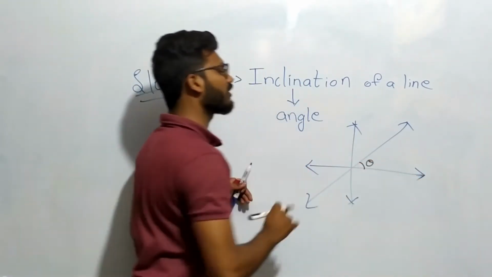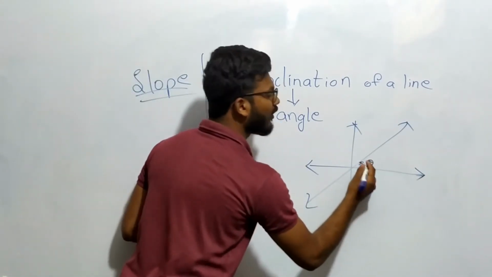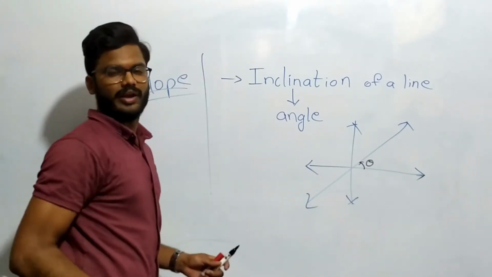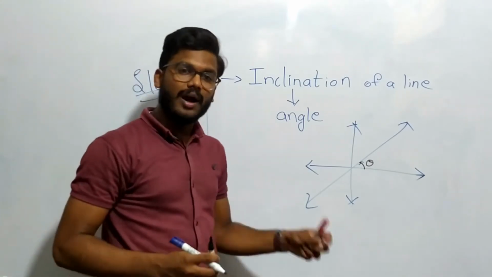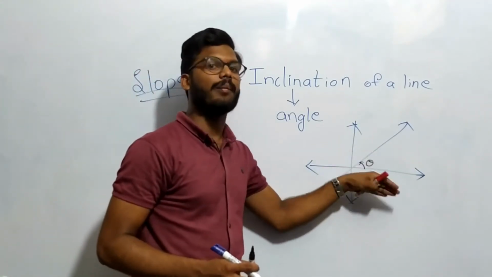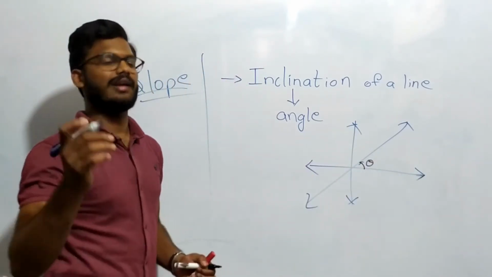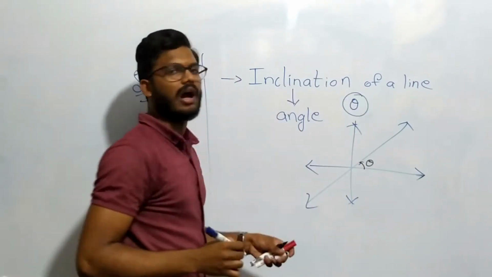This angle is called inclination. We have to measure inclination from the positive direction of x-axis in anti-clockwise direction. So the angle made by the part of a line above the x-axis with the x-axis is called inclination, and normally we denote it with theta.